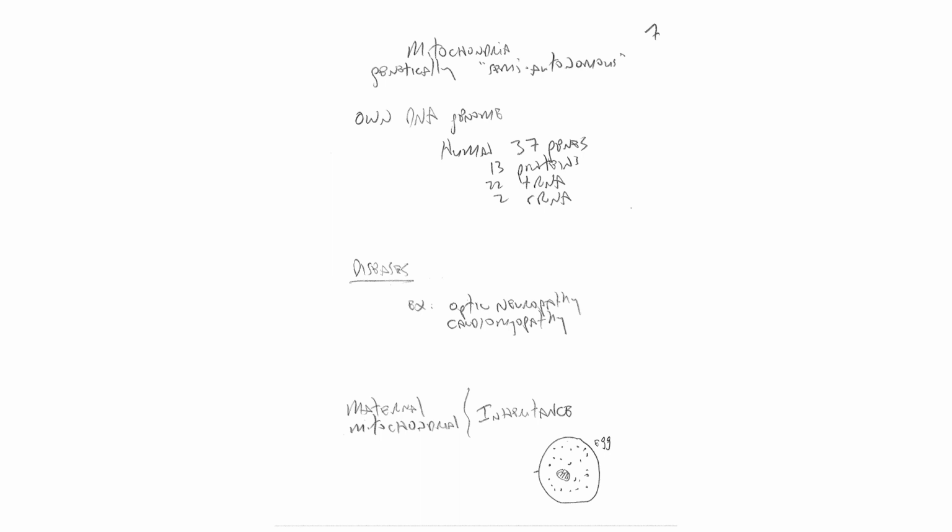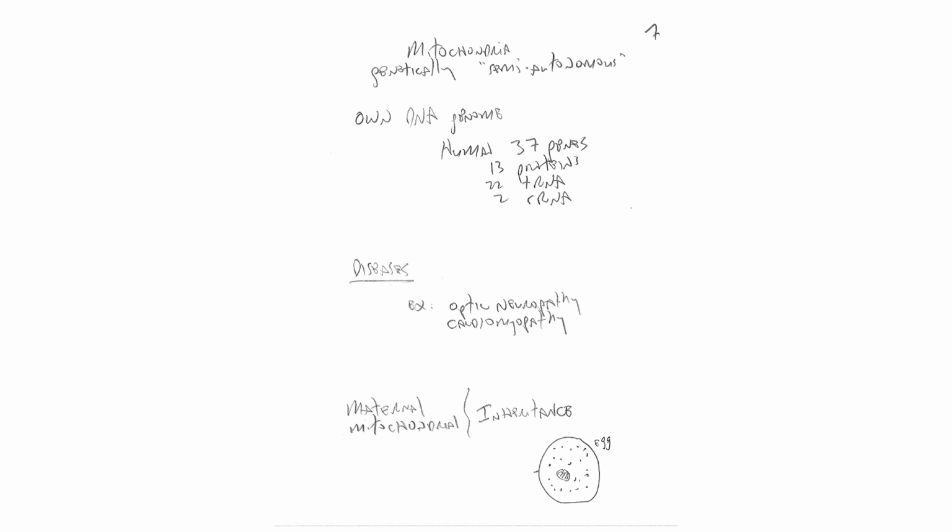So I've listed a couple of the diseases. Like I said, there's 6 or 8 that are known, but the 2 that I've listed are optic neuropathy and cardiomyopathy. The optic nerve requires lots of energy, so if you have defects in mitochondria and ATP production, then there is a slow death of the optic nerve.